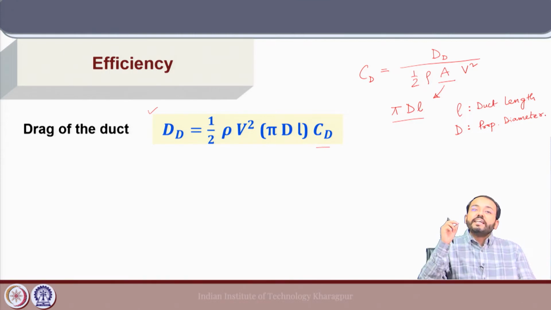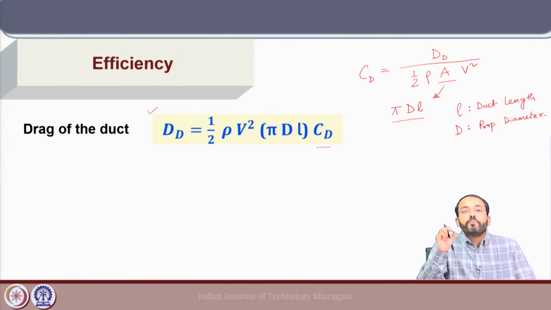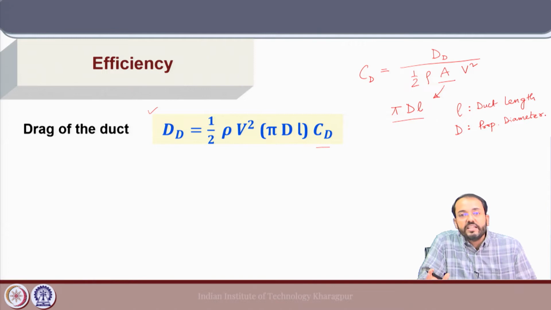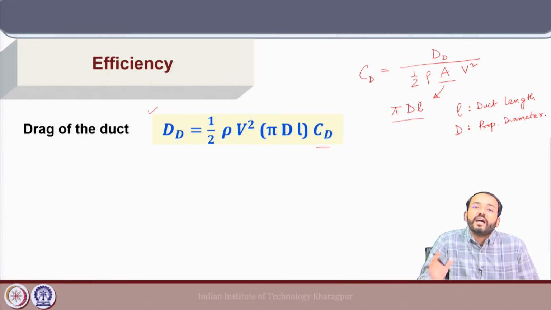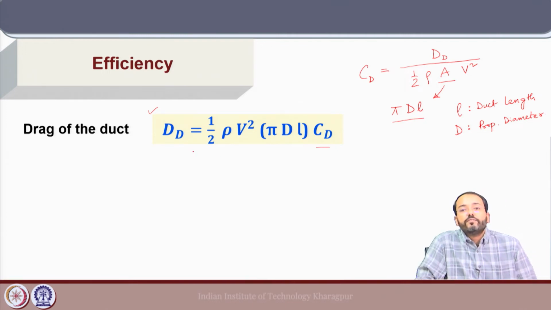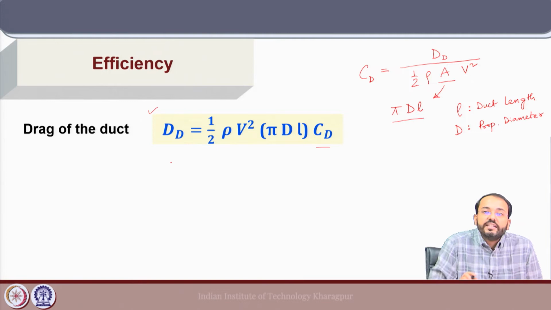Now, there is a small tip gap between the propeller blade tip and the duct. Here in the axial momentum theory, because the propeller is assumed as a momentum disk, we are assuming that the propeller diameter is equal to the duct diameter. That makes the area here pi d L, and hence the drag force for the duct can be expressed using this particular equation.